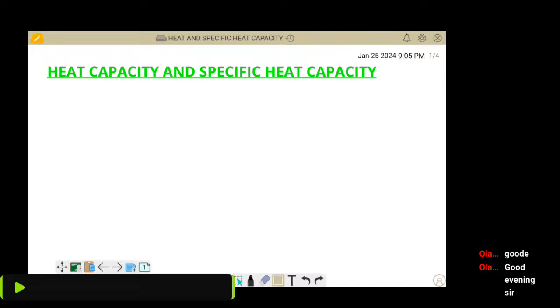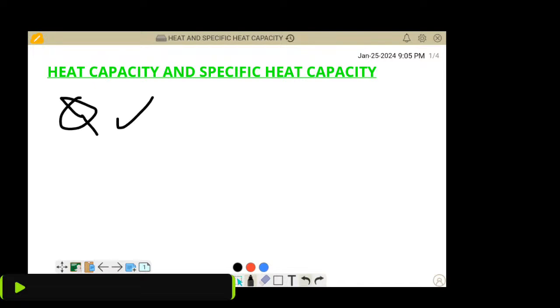Now let's quickly look at some other things. The quantity of heat in a body or an object, which is represented with Q, is directly proportional to the mass of the object. That is, the quantity of heat that any object can hold is directly proportional to its mass. The more massive the object is, the more heat it will be able to handle.